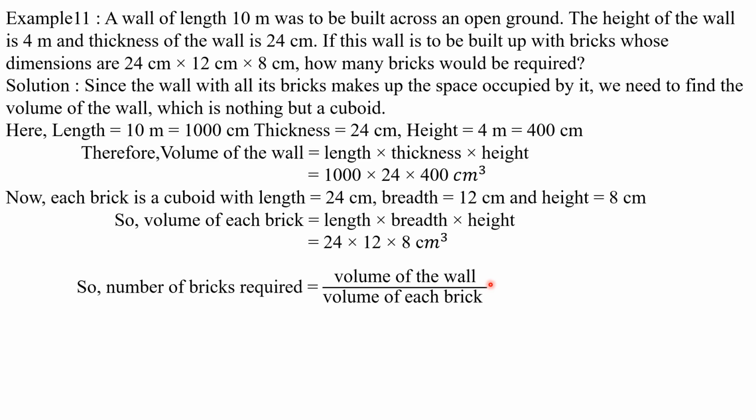Right. That is equal to, what is the volume of the wall? 1000 into 24 into 400 whole divided by volume of a brick, 24 into 12 into 8. We substituted these two values in this step. Then we got this step. Understood this step, my children?